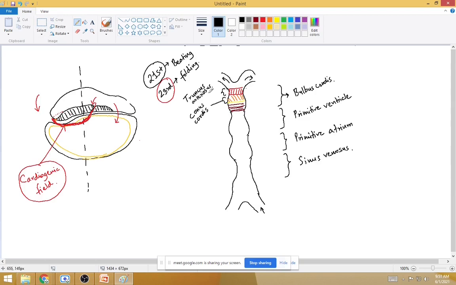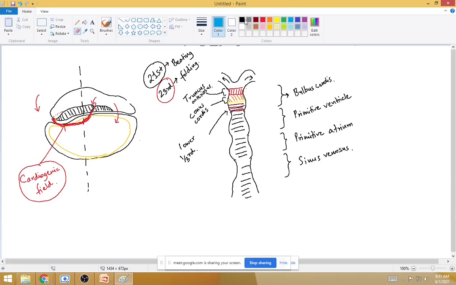The first part is the truncus arteriosus, and the lower one has got no name. This is just named the lower 1/3 of the bulbous cordis. Next we have the primitive ventricle, primitive atrium, and sinus venosus. Till here is it clear?